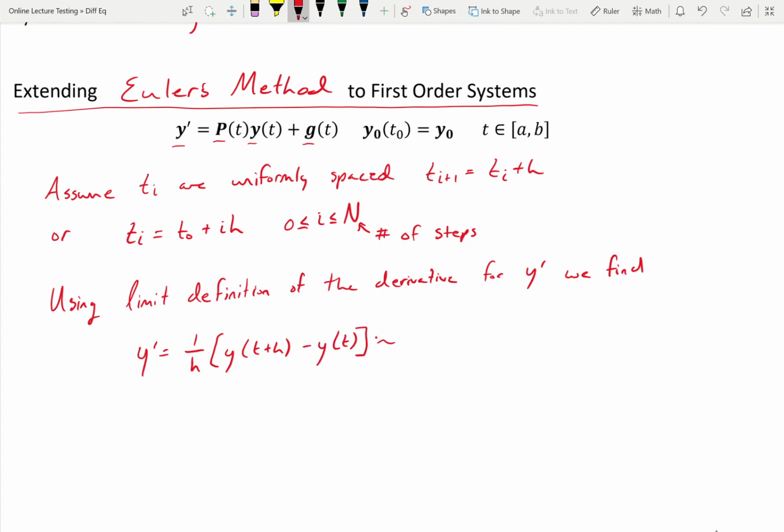This is approximately equal to P of t, y of t, plus g of t. Again, this is true for very small values of h, using that limit process.